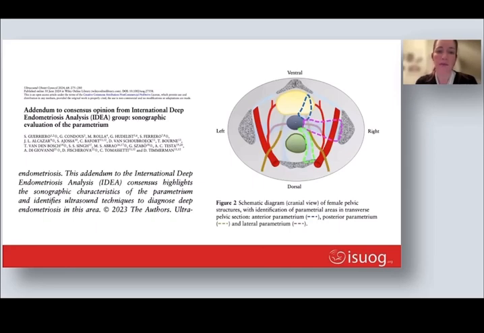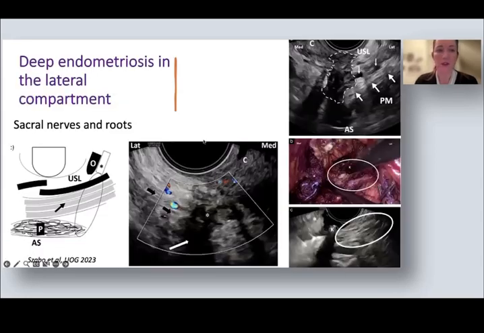The first IDEA paper covered the anterior and posterior compartments, and recently an addendum has been published. The addendum paper covers the lateral compartment, the parametrium, which you see here lined in purple color. In the lateral compartment, we find the sacral nerves and roots.